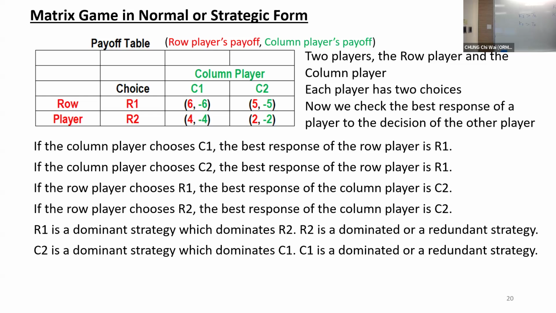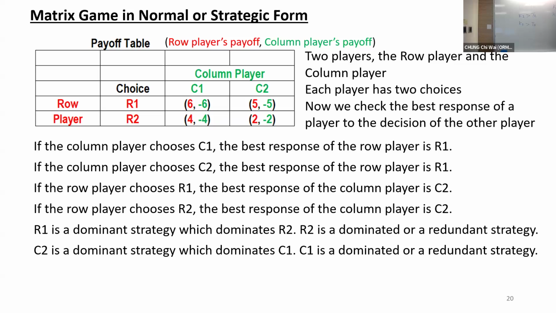If you check the sum of the two numbers, the first one is 6 plus minus 6, which is 0. The second one, 5 plus minus 5, is 0. One winner, the other one loses. So now we have the two players, the row player and the column player, and each player has two choices.